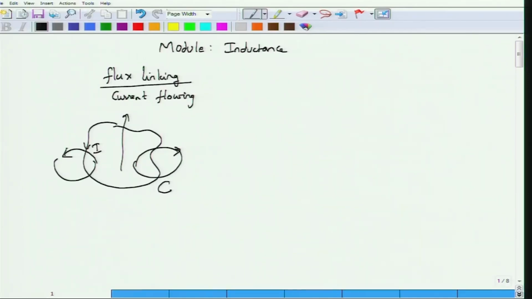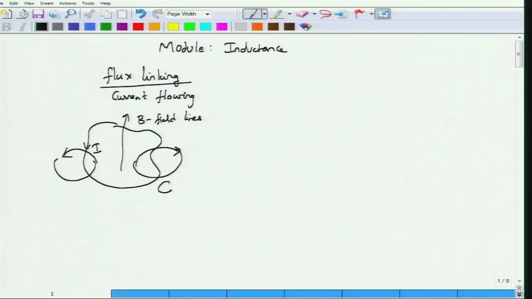However, not all the B lines that I am drawing, these magnetic field lines, will actually be linking the circuit C here. The flux at the center would not really link, but the field lines at the edge would be linking. So this is qualitatively the flux that is getting linked.